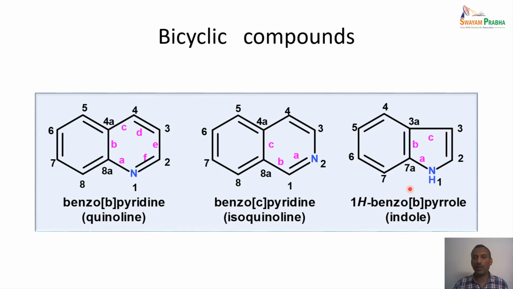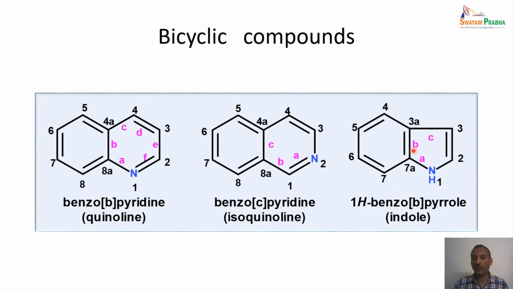And if you look at indole, the parent ring here is the pyrrole ring, a 5-membered ring. Here again, if you go with the faces, this is the A face, this is the B face. The B face is fused with the benzene ring, and the nitrogen has one hydrogen. In the pyridine case, there is no hydrogen attached to the nitrogen, so the base name is given as it is.